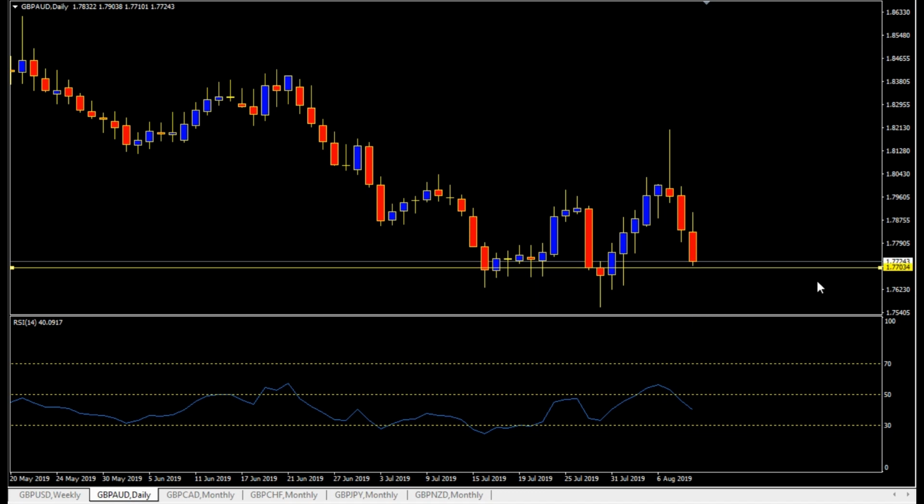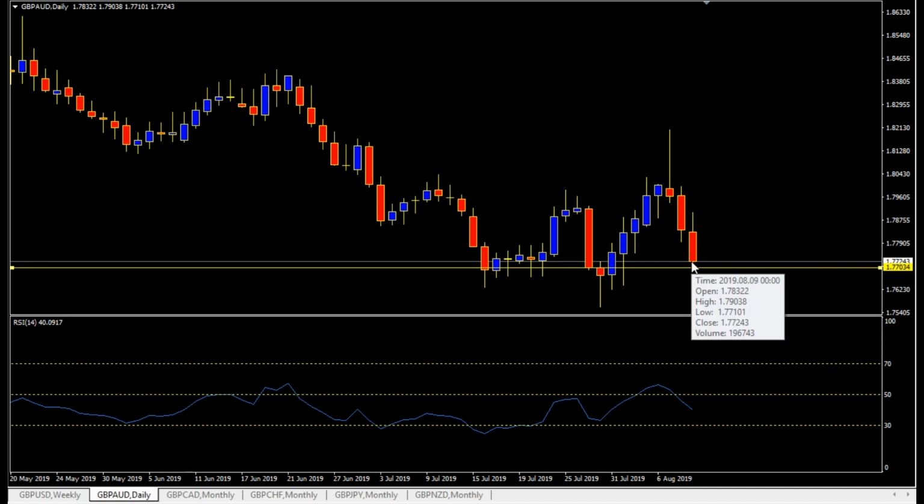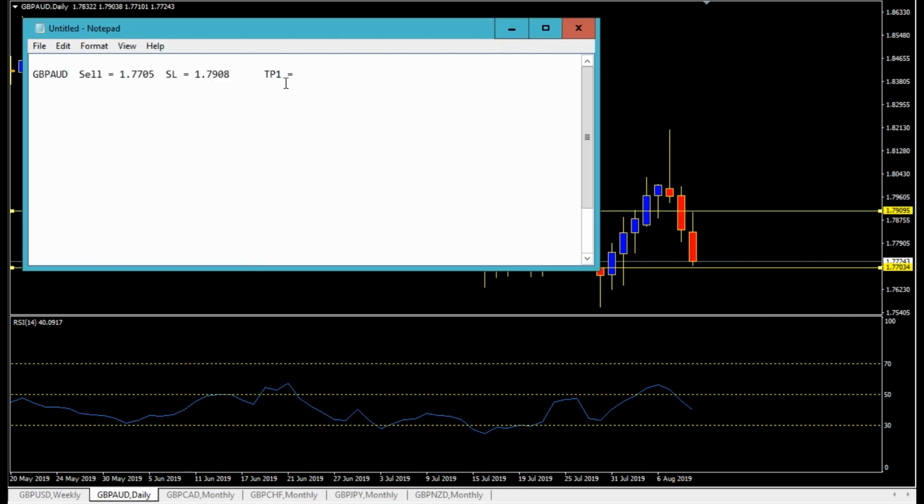This is where you're going to put your sell order: sell at 1.7705, and you are going to place your stop loss 5 pips above the high of this candle. The high was 1.7903.